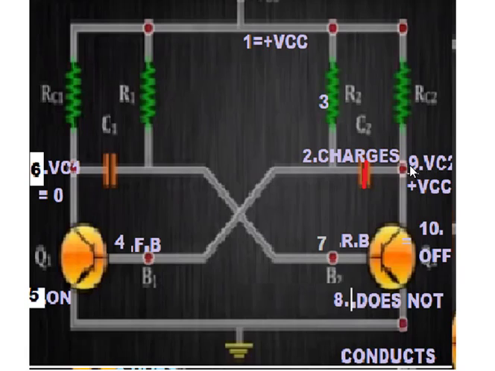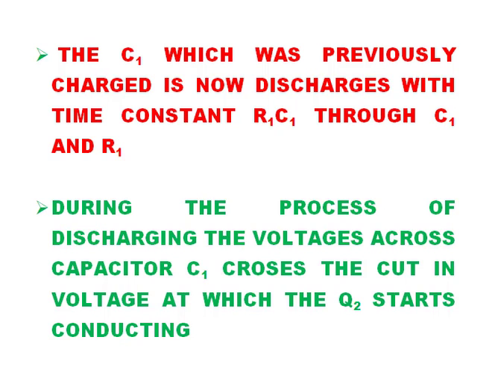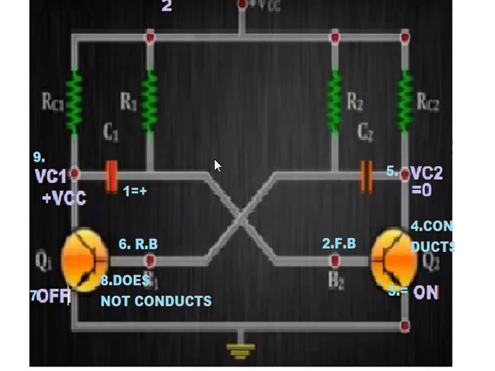After some time, the capacitor C1, which was previously charged, discharges with the time constant RC1 through C1. During discharging, the voltage across capacitor C1 crosses the cut-in voltage at which Q2 starts to conduct.